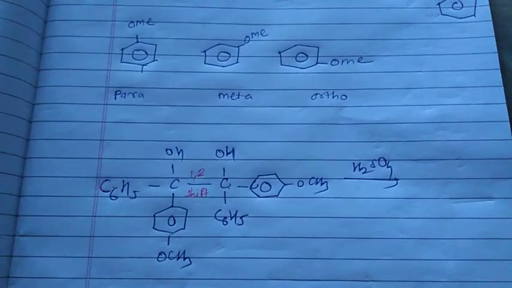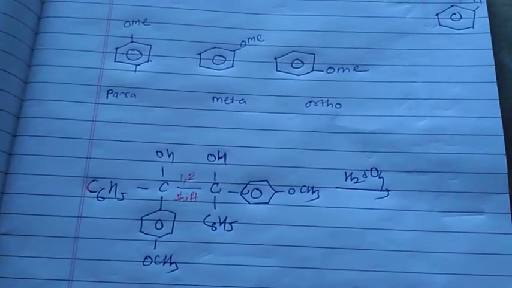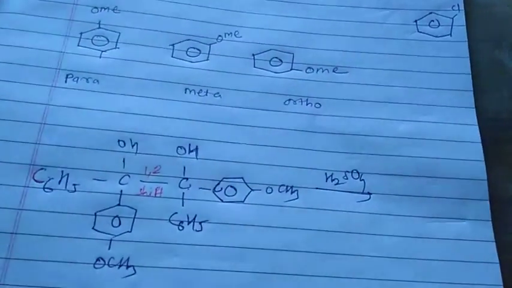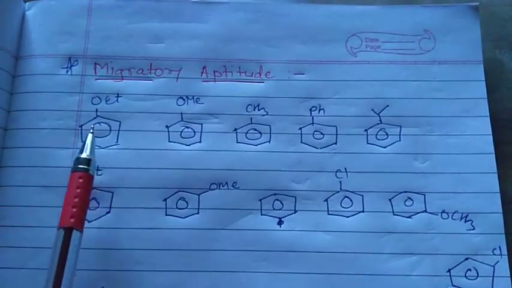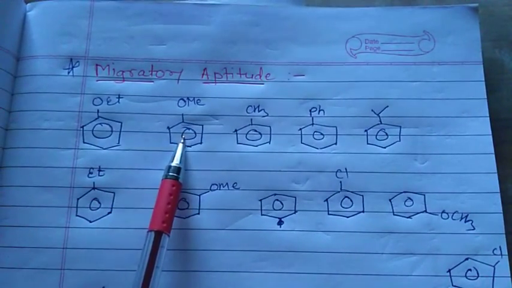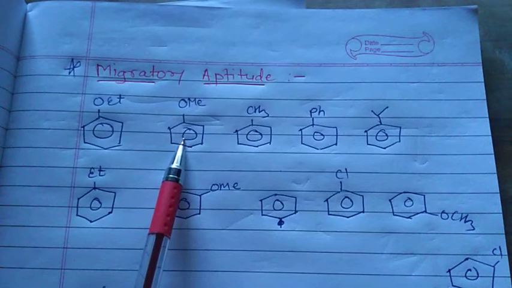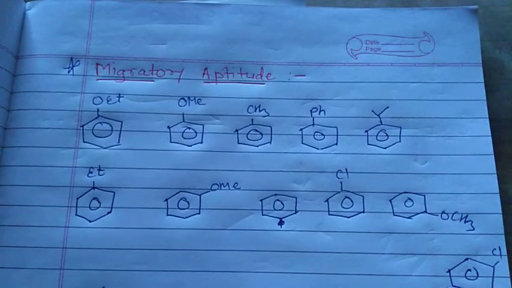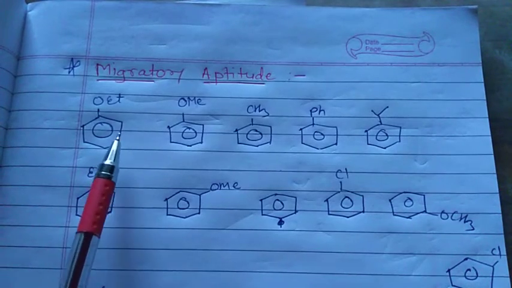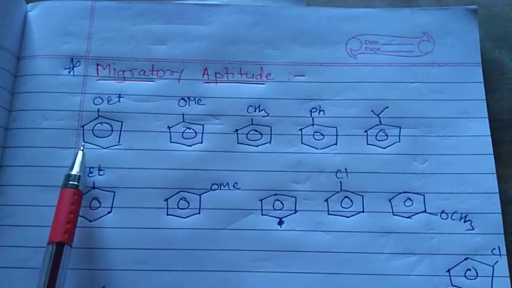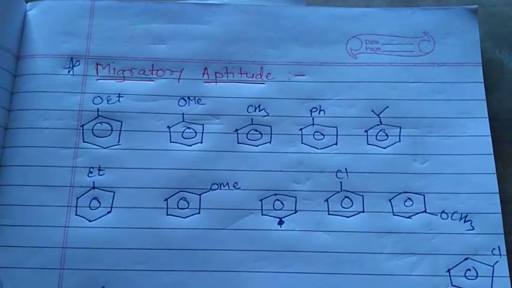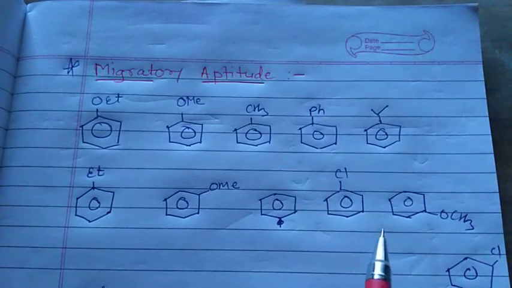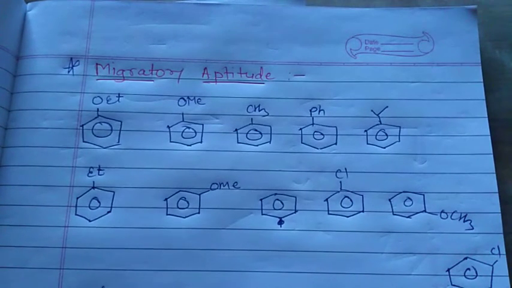This migratory aptitude depends on the group attached to the phenyl ring. Whenever an electron donating group is attached to the phenyl ring, it shows a higher migratory aptitude, and an electron withdrawing group shows a lower migratory aptitude.